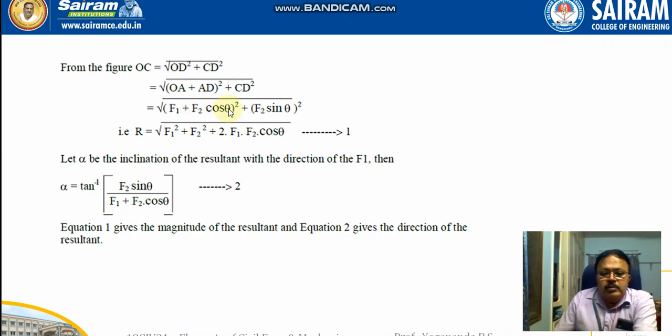So it becomes F2 square into sine square theta plus cos square theta. We know that sine square theta plus cos square theta is equal to 1. So the summation of these two will become F2 square. So now I have F1 square plus F2 square plus 2 F1 F2 cos theta. So that is the resultant force.